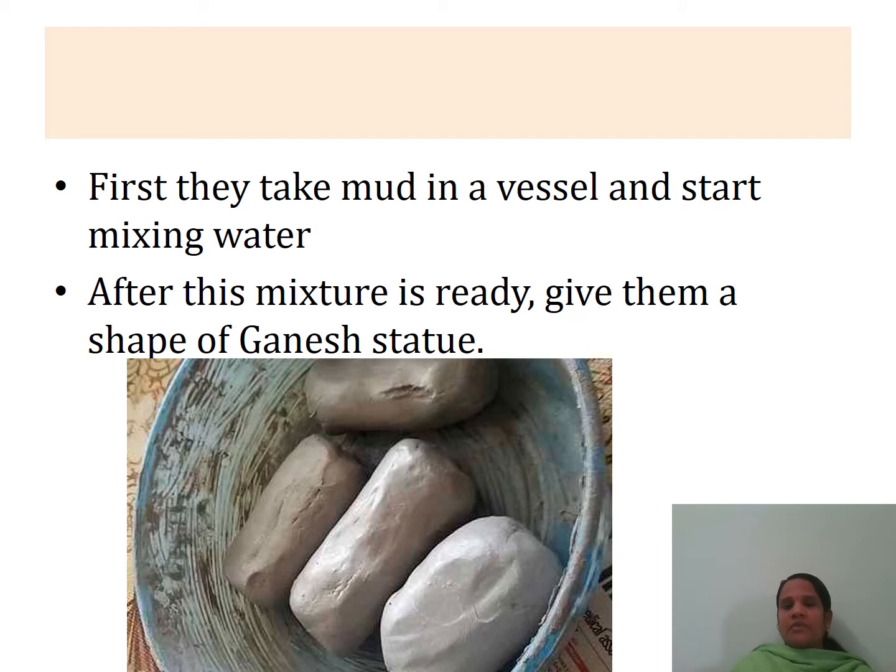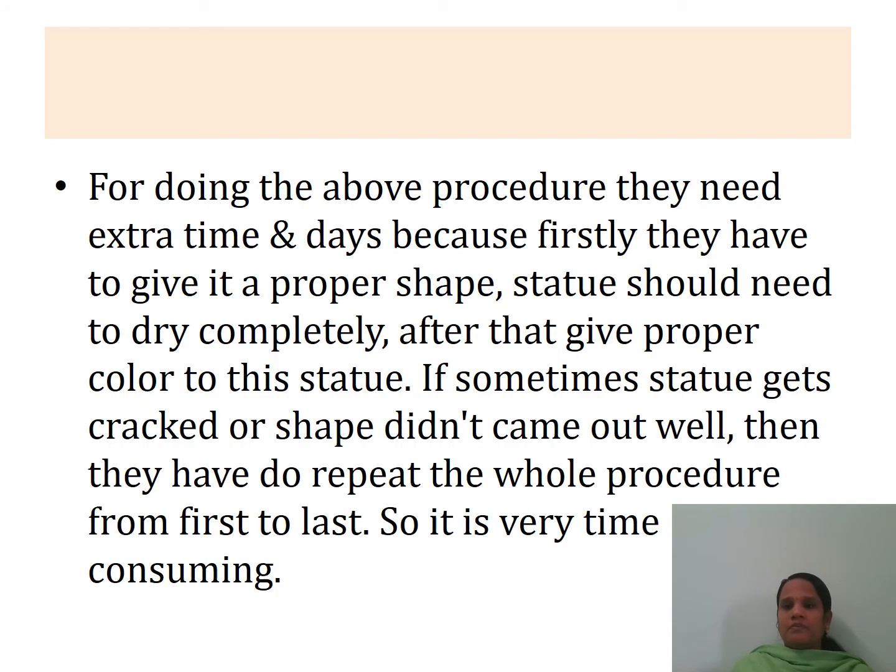After mixing is ready, give the shape of the Ganesh statue. See, if you make many mistakes, you cannot go back. So you have to do the whole procedure from the beginning to the end. So it's a very time consuming process.